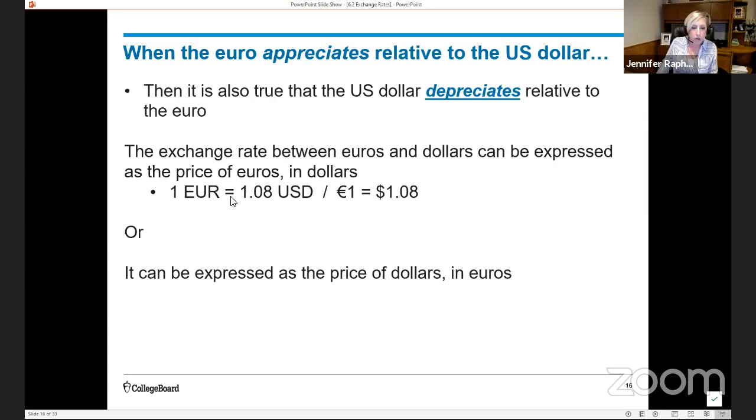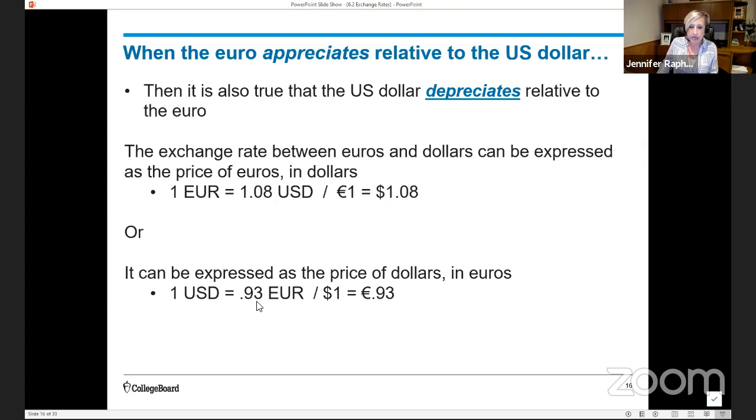So we have 1 euro equals $1.08. If we want to find out how many euros we can buy with 1 US dollar, we can simply divide both sides by 1.08, right? Just use some basic algebra. So dividing this side by 1.08 and dividing this side by 1.08 will tell us how many euros we can buy with $1.